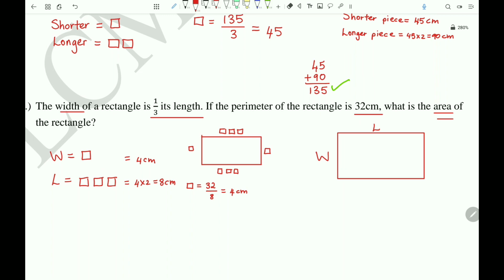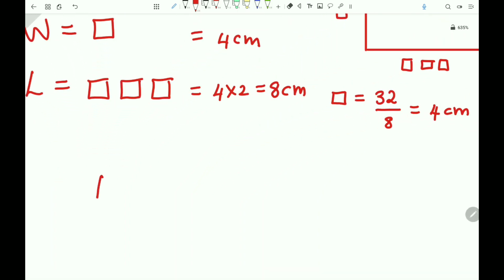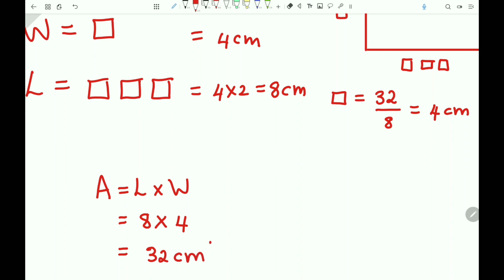Now we found the width and the length of the rectangle, but the question does not stop there. It asks us for the area of the rectangle. And we know that the formula for area is length times width. And the length is 8 centimeters multiplied by the width, which is 4 centimeters. And 8 times 4 is 32 centimeters squared.